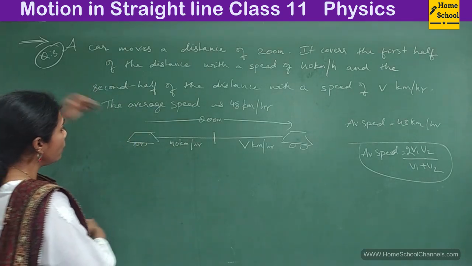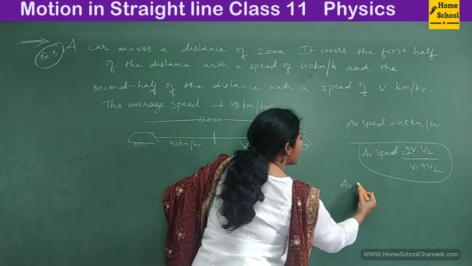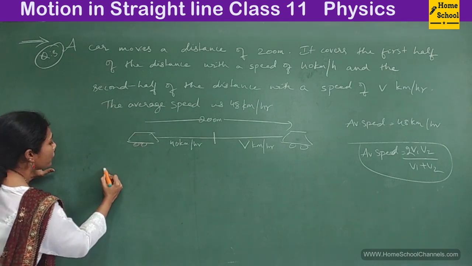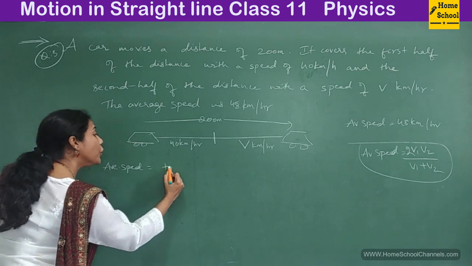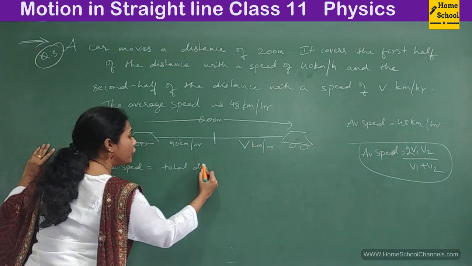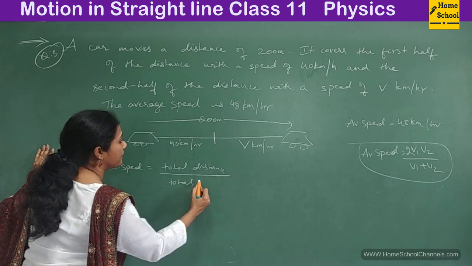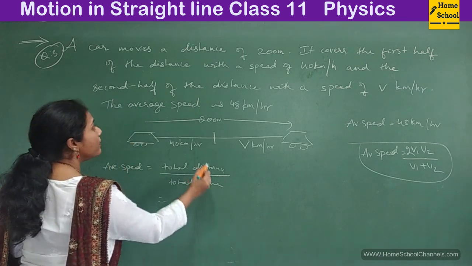Fine. So what is our average speed formula? Let me show it here. This is an elaborate method I'm showing you. Average speed is equal to total distance divided by total time. So total distance is how much?